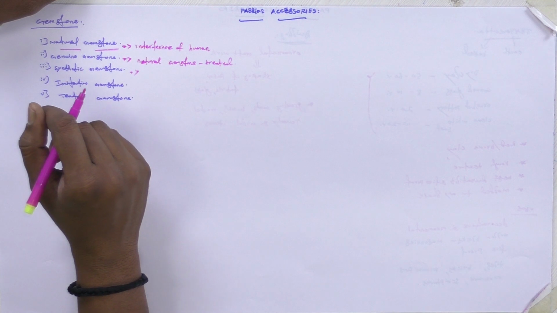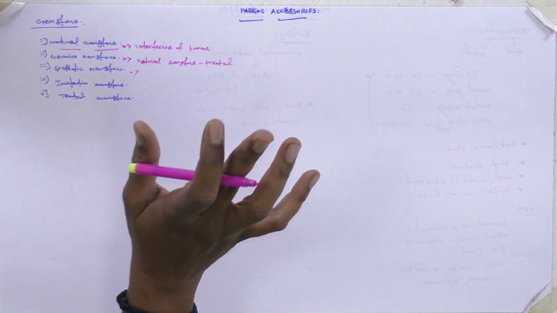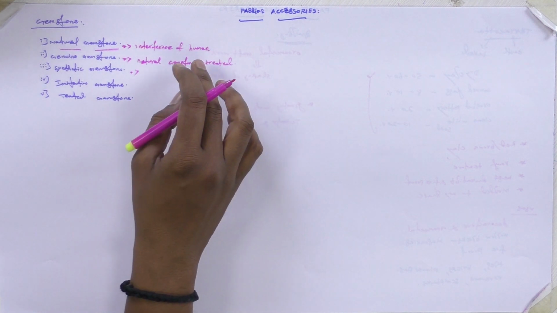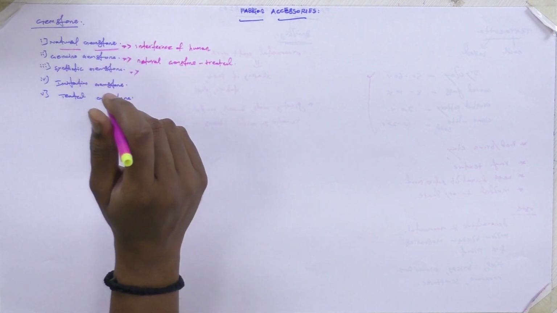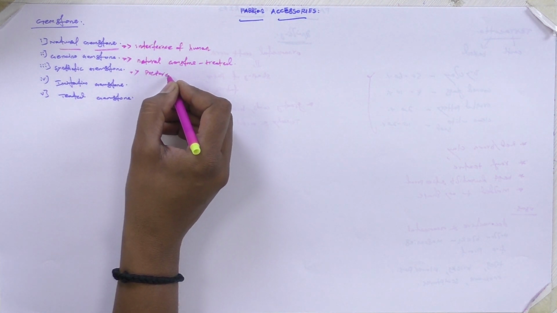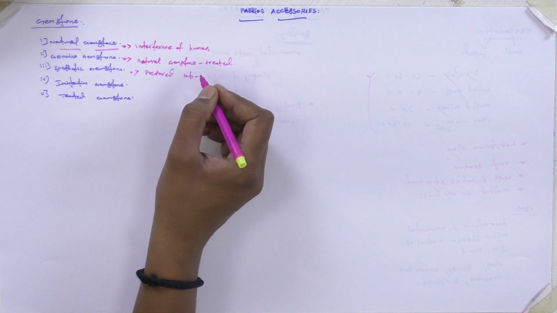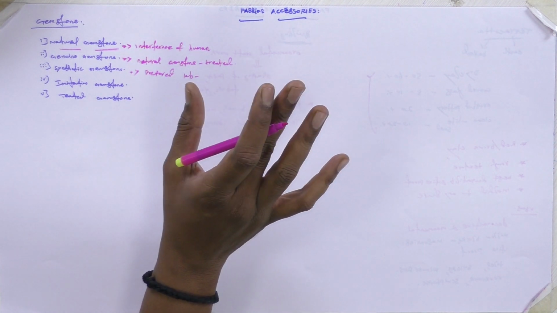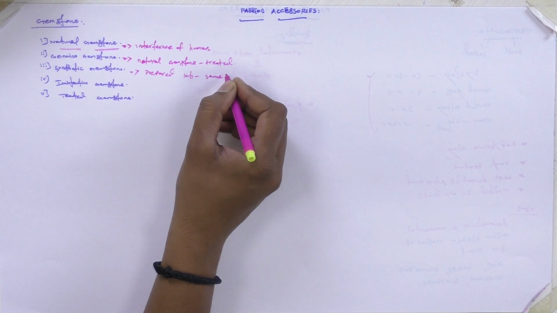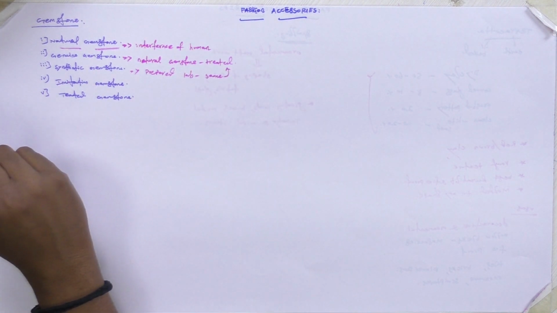Next one is a synthetic gemstone. A synthetic gemstone is nothing but one prepared in a laboratory, but it has the same physical and chemical characteristics as the natural gemstone.